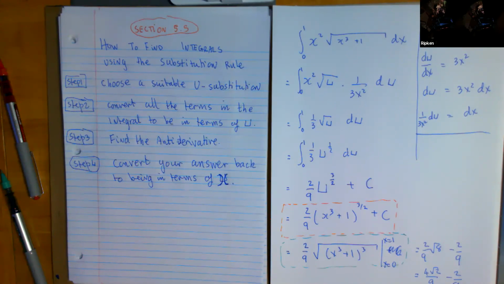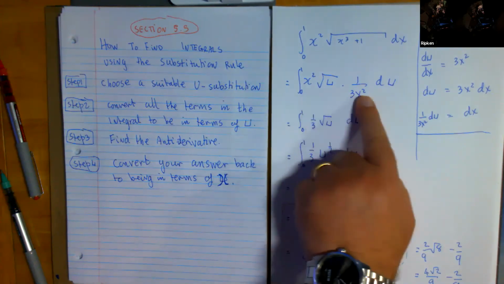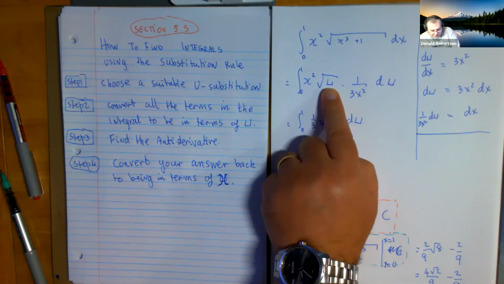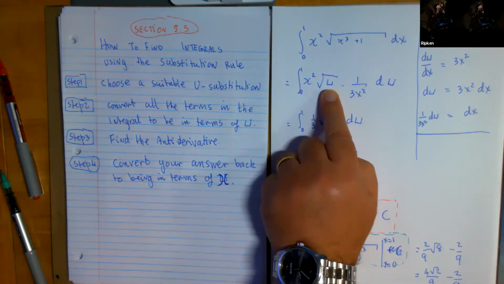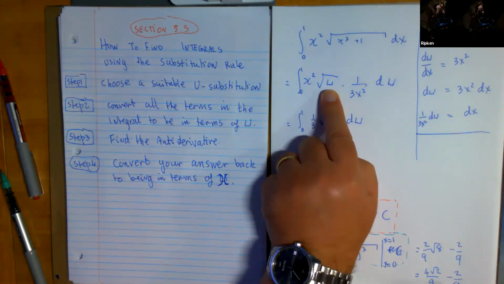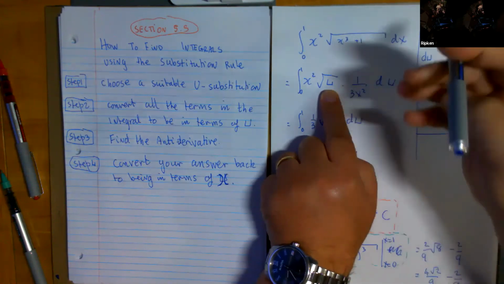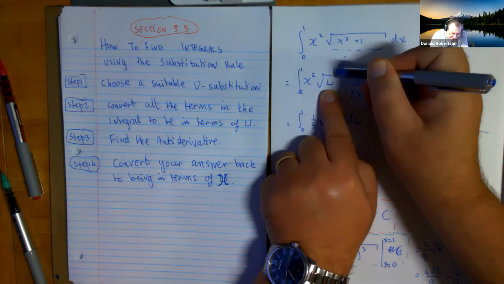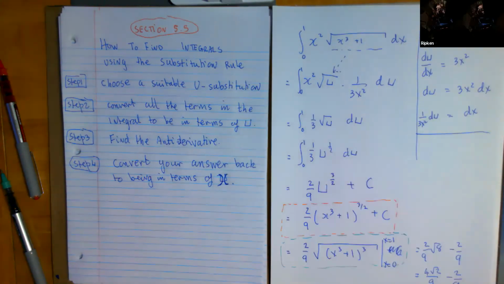So on the second line with x squared square root of u, that's where that square root of u is, because we know u is x cubed plus 1. So this little guy here made that piece up. Okay, so instead of putting x cubed plus 1 in there, we just use u so we can cancel out the u's. Is that what I'm getting at?